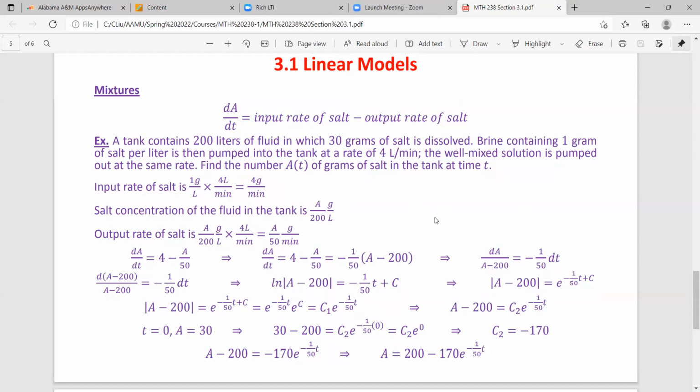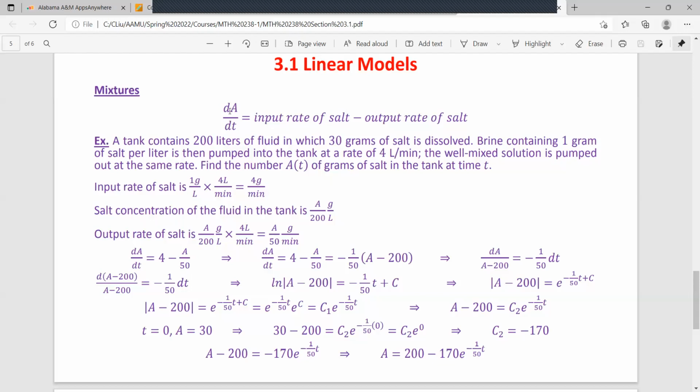But the basic equation we use, a rule, is dA over dt equals input rate of salt minus output rate of salt. Here A is the amount of pure salt in the tank.